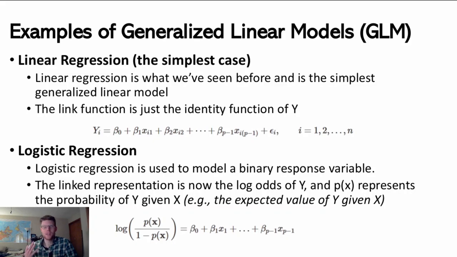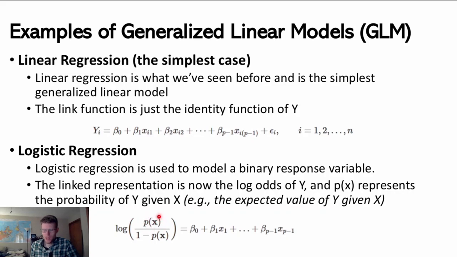But logistic regression would be an example where I do need a non-trivial link function to use a linear equation. Logistic regression is used to model a binary response variable. And so p of x here represents the probability that y equals 1 given a set of x values.